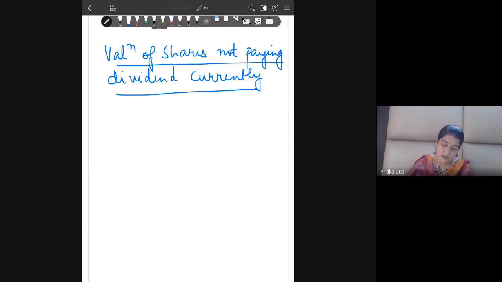Say there is a company having an equity share which is not paying any dividend for 3 years. So no dividend for 3 years. Thereafter, it will be paying dividend.